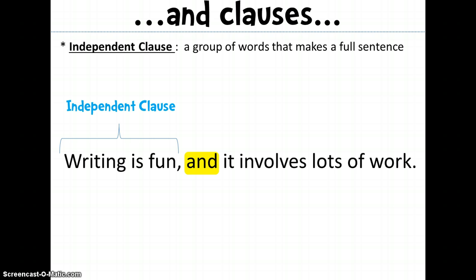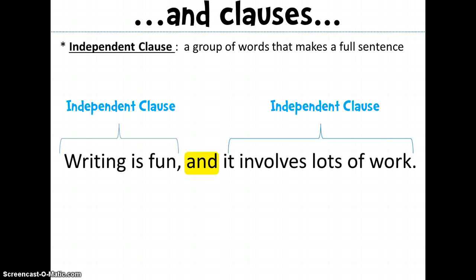Now let's look at what comes after the coordinating conjunction and. It involves lots of work. This is also an independent clause. We have our subject, it, the pronoun that refers back to writing. Our verb involves, and then we complete the thought with lots of work. It involves lots of work is a full sentence. It could stand by itself, so that is considered an independent clause.